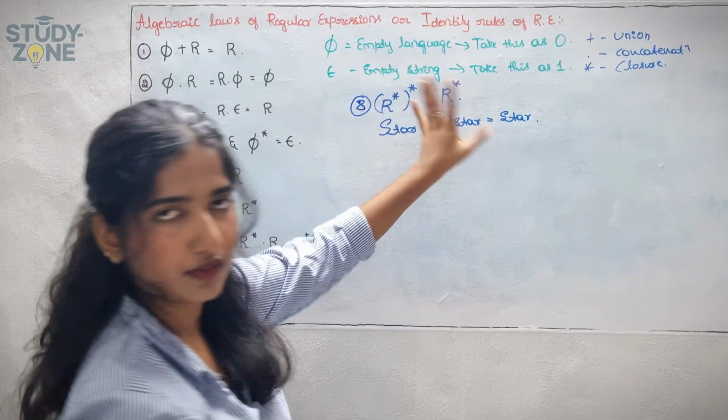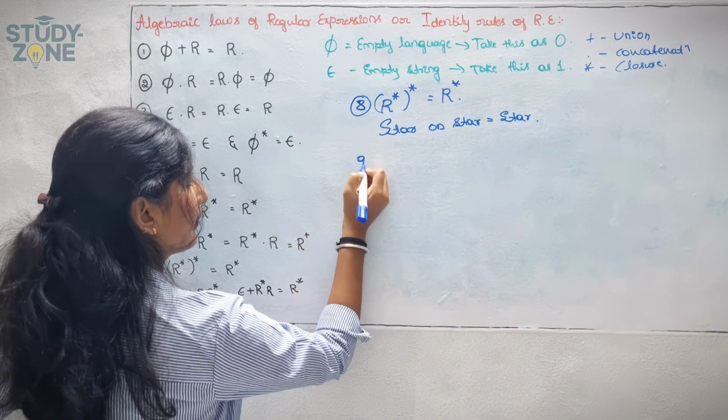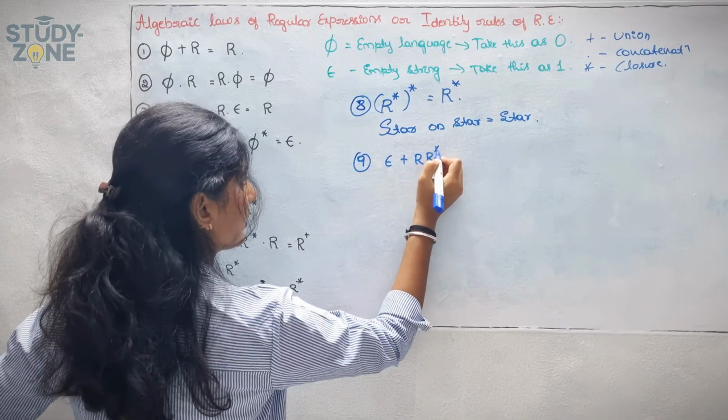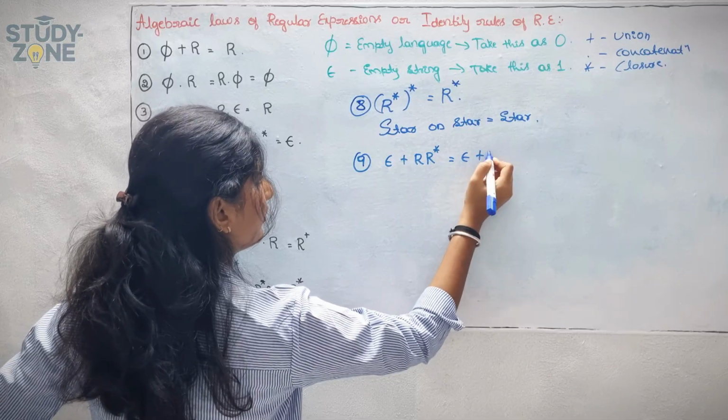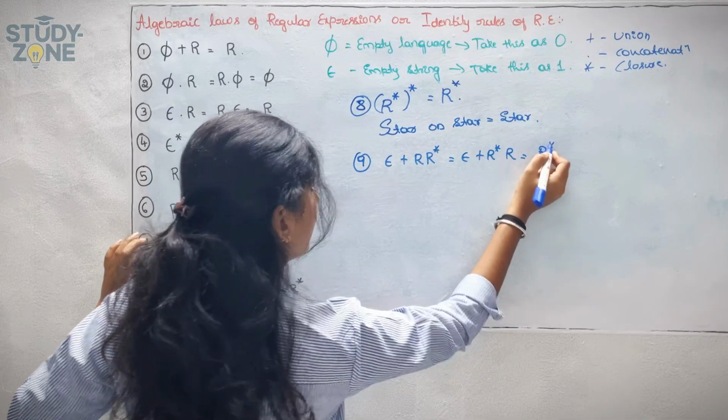Okay, star on star will be star. And the ninth one we have epsilon plus R into R star equals epsilon plus R star into R equals R star.